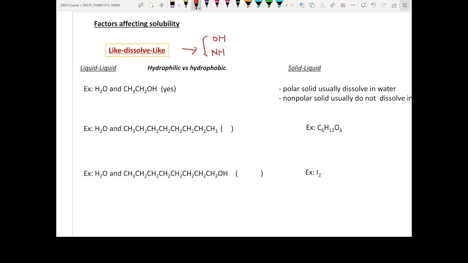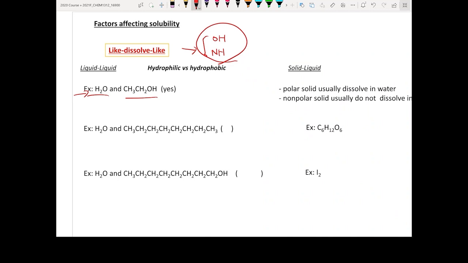So molecules that have these two specific functional groups tend to dissolve with each other. One quick example, H2O and CH3CH2OH. When you have this OH or NH functional group inside your chemical formula, it is an indication that it can form hydrogen bonds.